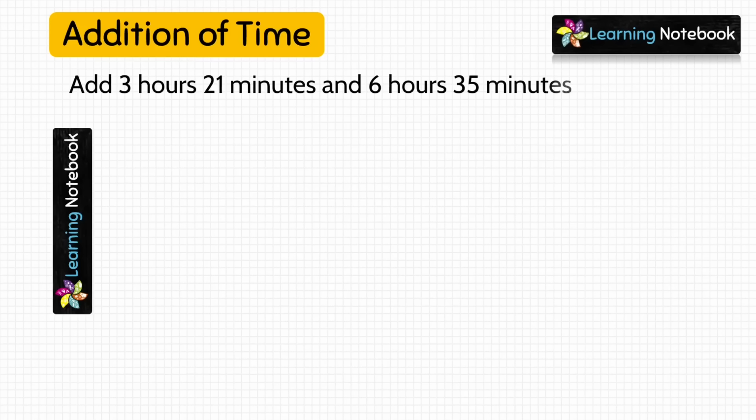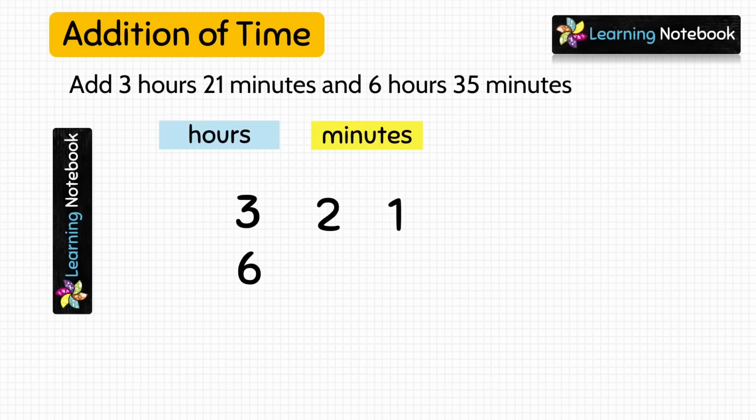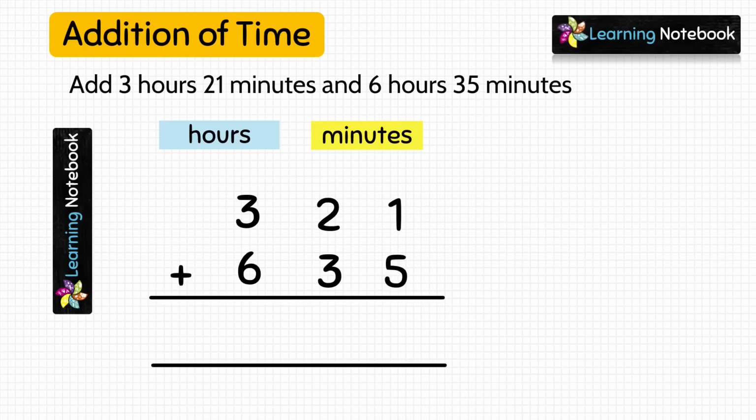Let's do the next question. Add 3 hours 21 minutes and 6 hours 35 minutes. So let's first write them as shown here. That is, we will write hours under the hours column and minutes under the minutes column. First, we will add the minutes column.